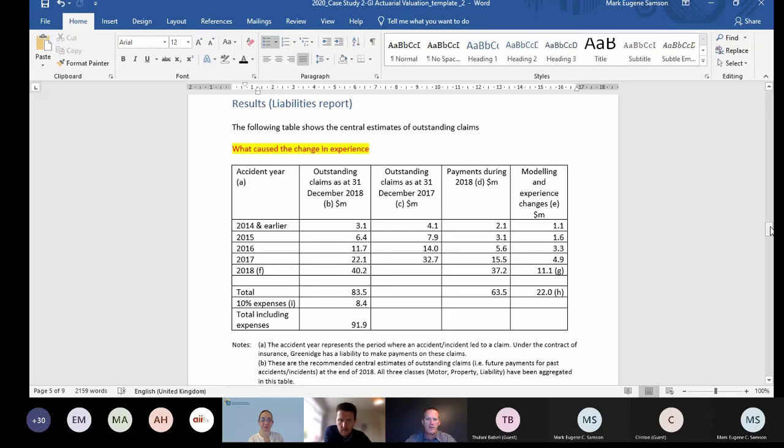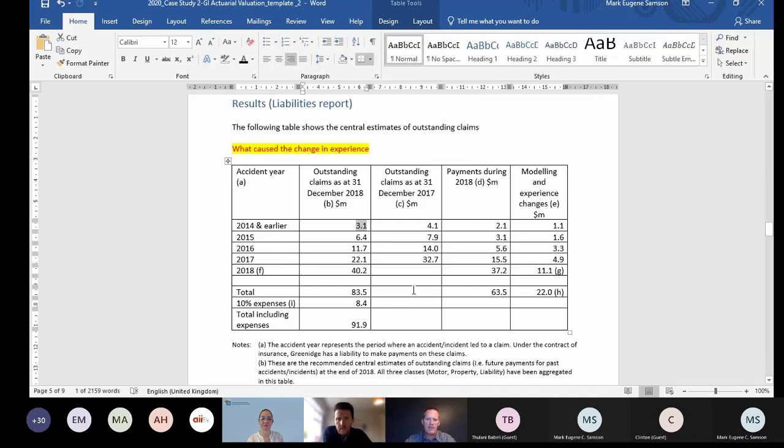So just looking at the first row of 2014, the first column, you see that our reserve right now is 3.1. Go 2 more columns to the right, and you see that the claims paid during the last year are 2.1. You add those together, and that is 5.2 million. So we would like to say, well, a year ago, our reserve should have been around 5.2. So we'd have enough money there to not only pay claims, but it would also be sufficient to fund the ending reserve at the end of the next year.